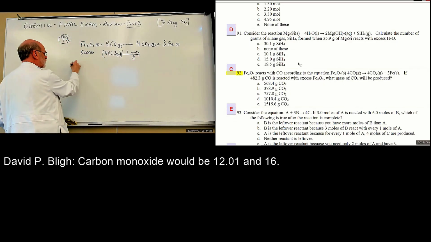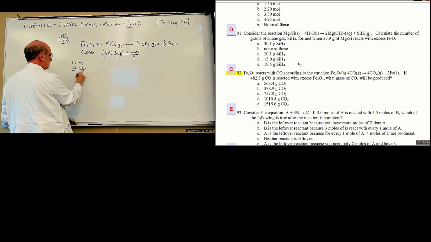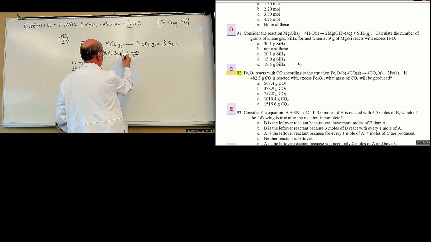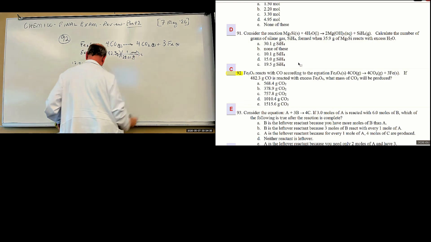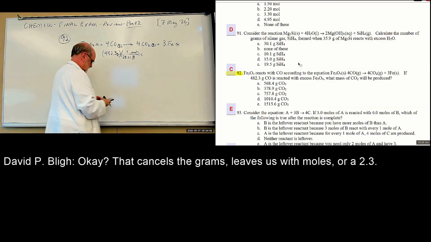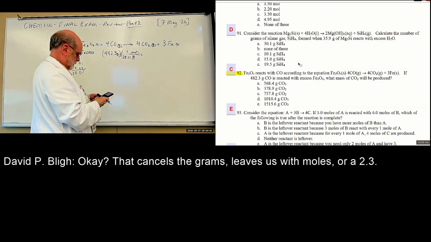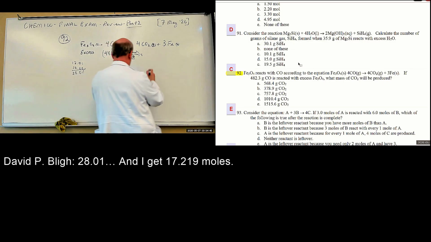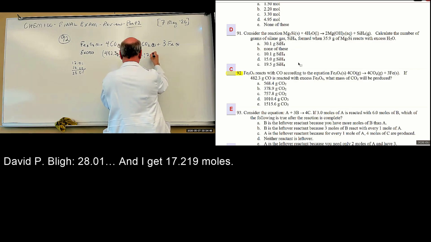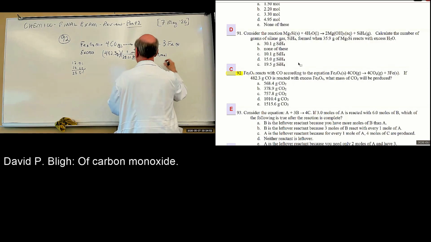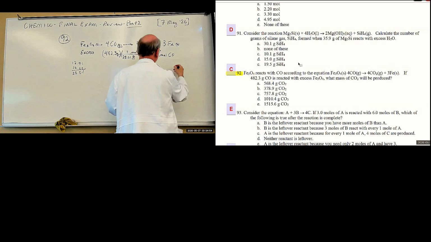Carbon monoxide would be 12.01 and 16, 28.01. That cancels the grams, leaves us with moles. 482.3, 28.01, and I get 17.219 moles of carbon monoxide.